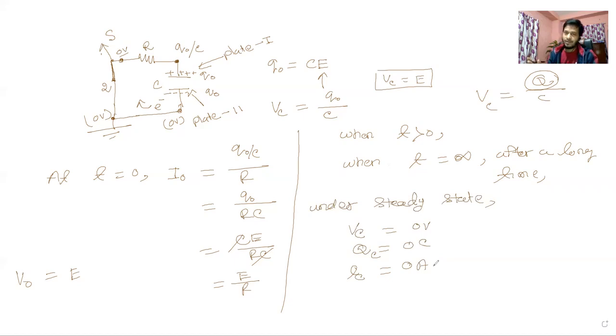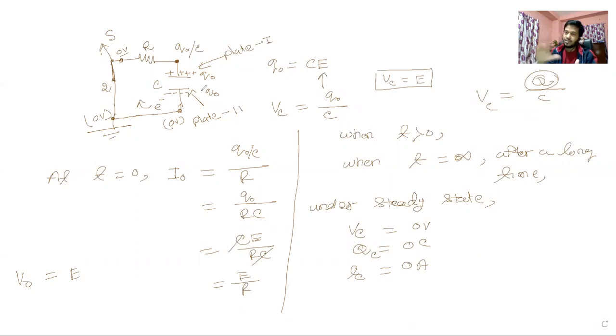Because under steady state condition there is no current flowing through this circuit or through the capacitor, it means during the discharging phase of the capacitor under steady state condition, the capacitor will act as an open circuit, isn't it? We already know from the previous classes' discussion that during the charging phase of a capacitor there are three states: initial state, transient state, and steady state.